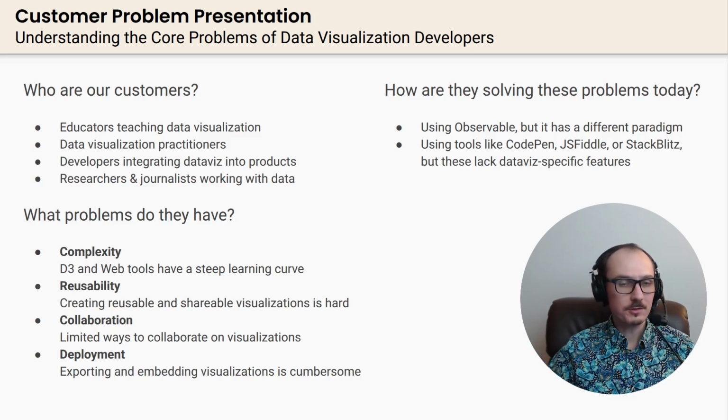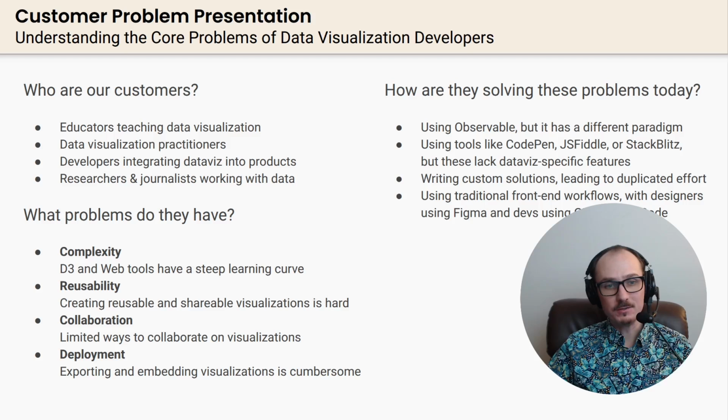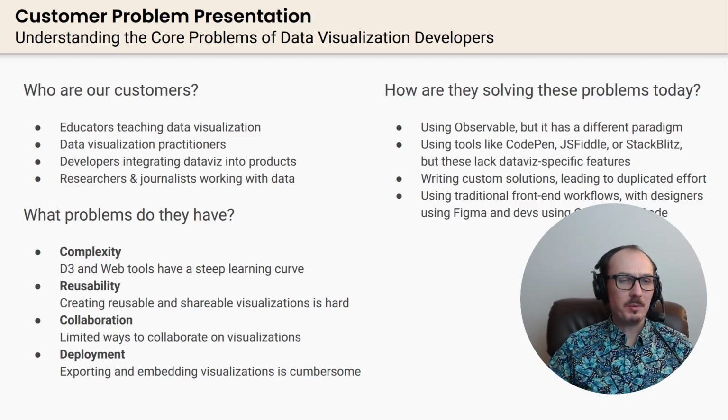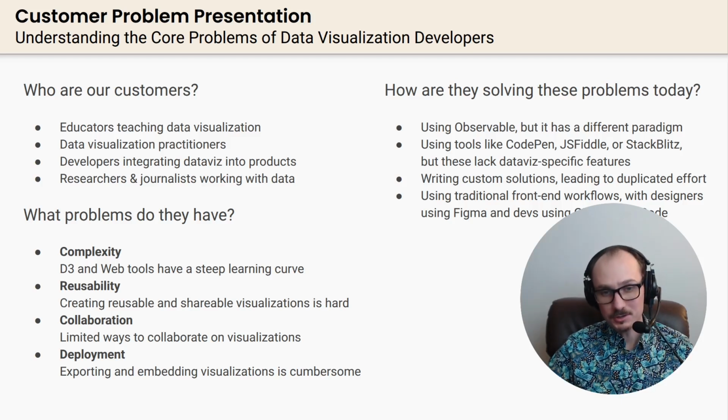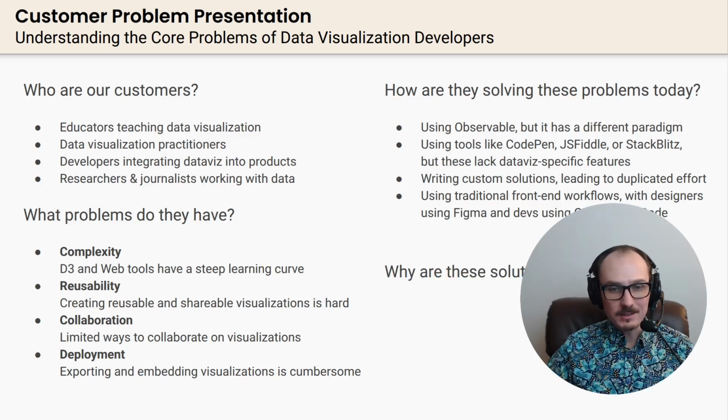Those are sort of general purpose web-based IDEs, but they don't have really DataViz-specific features. And people write custom solutions and duplicate effort across different companies. And also a big part of this is like in consulting, which is what I've done a lot of. People just use the traditional front-end workflows and work with designers in Figma. And that works, but it's very technical and involved.